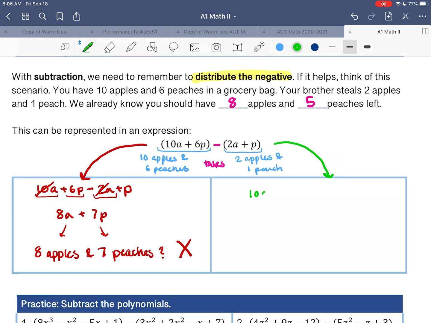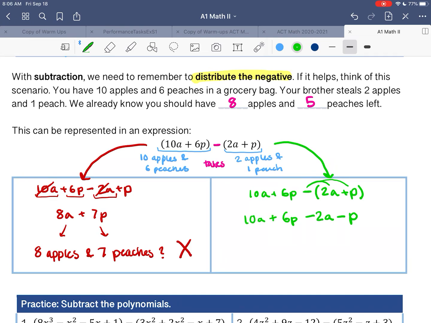Let's distribute the negative. Hang on. Whoops. 10a plus 6p minus, and then I'm just going to keep the parentheses for a second so I can visualize how I'm distributing. I'm going to distribute that negative to both the 2a and the p. So there we go.